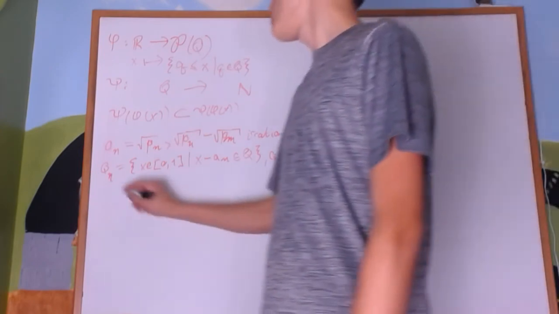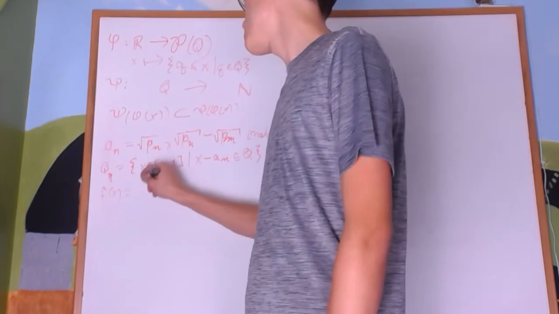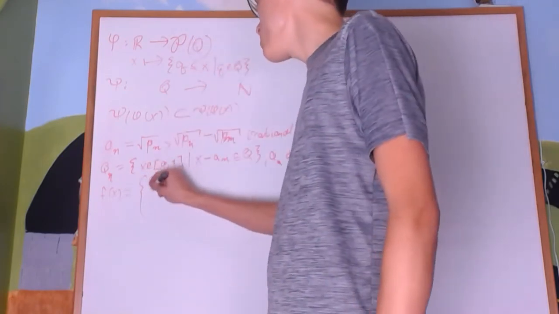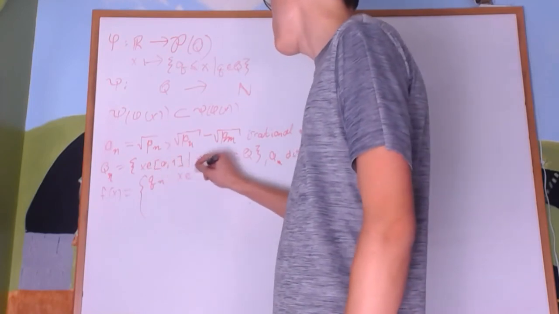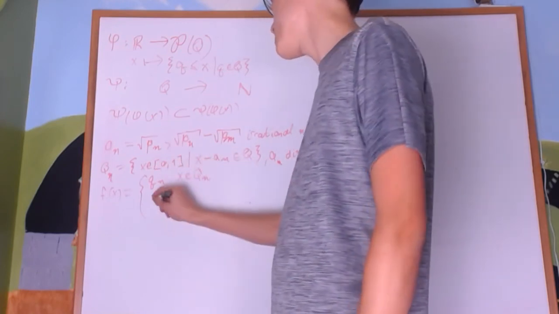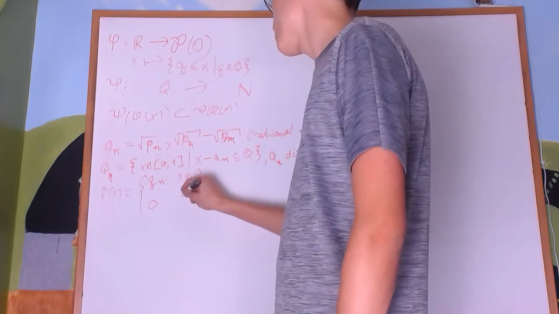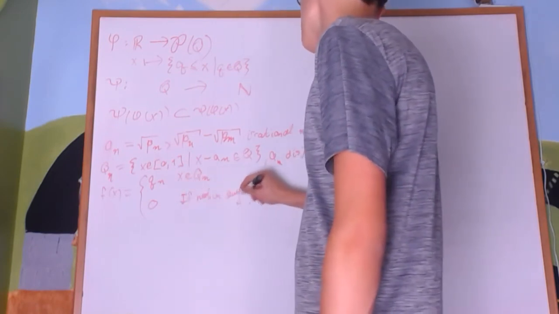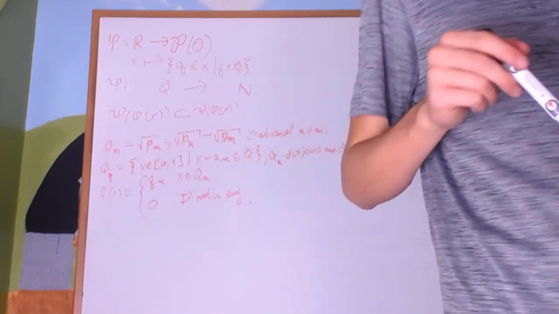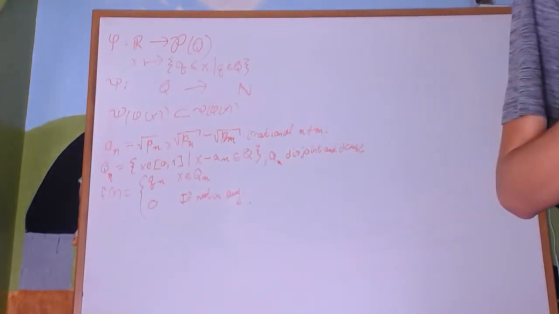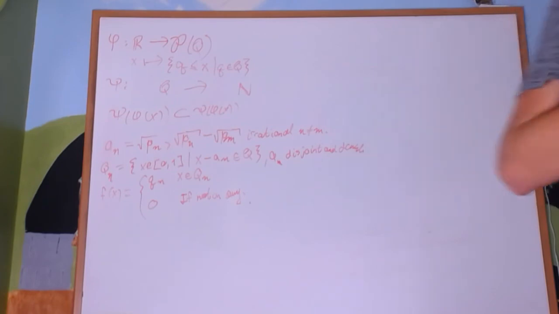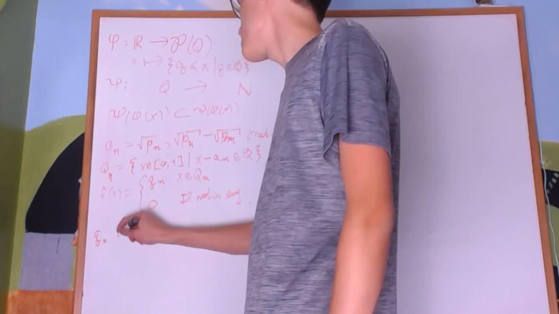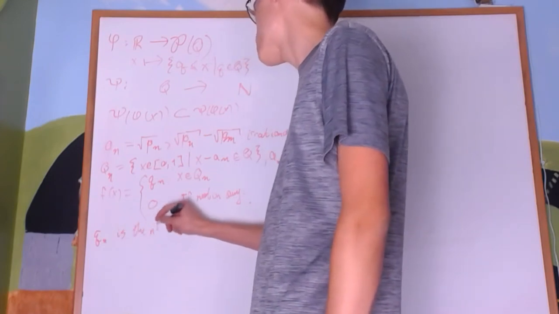So then you define f of x to be q_n if x is an element of the big set Q_n, and 0 if not in any. And q_n, sorry, I forgot to say, q_n is the nth rational.